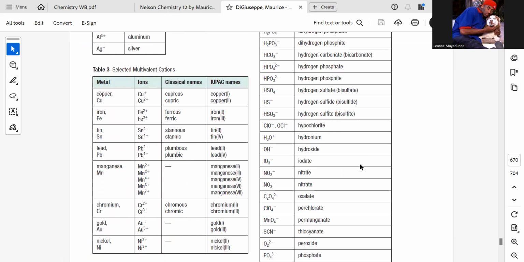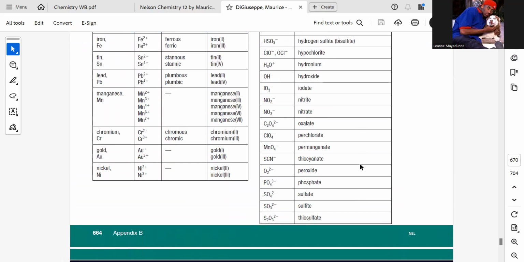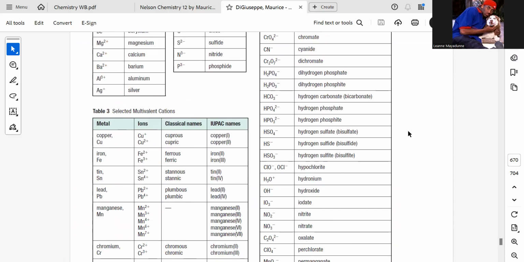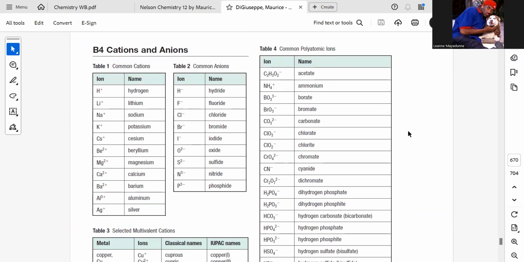So you don't have to worry about the oxyanions. You don't have to memorize it. I'll tell you which you don't have to memorize. You will definitely refer to the chart that your school will provide to you.